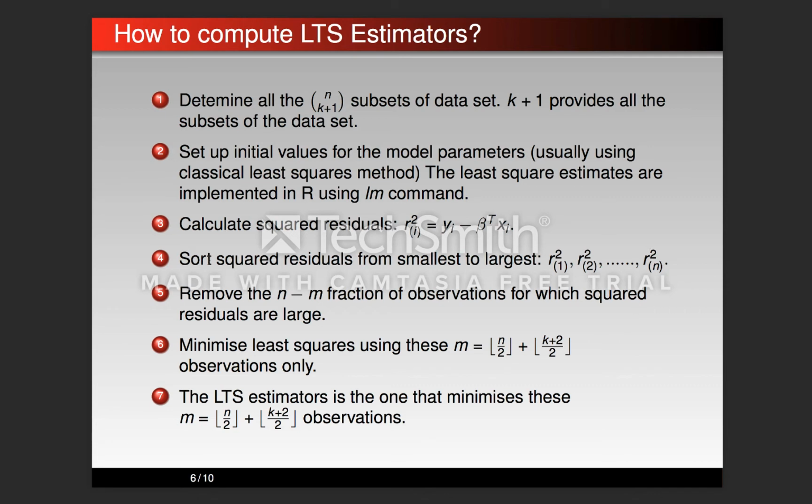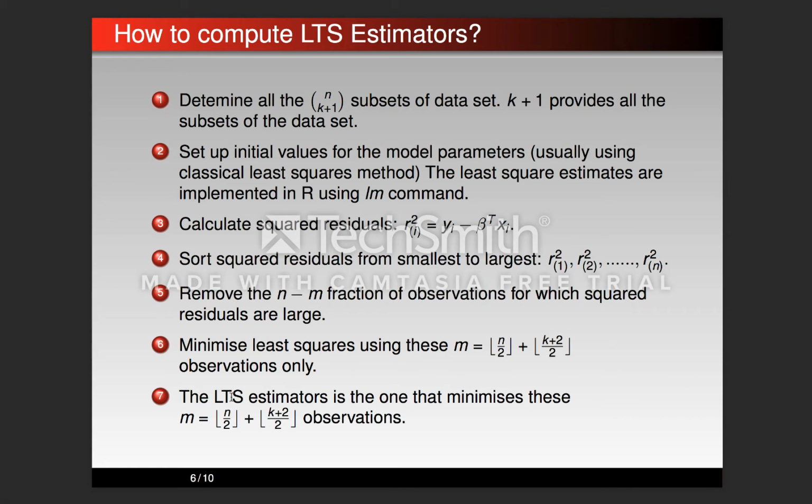And then the next step is to remove the n minus m fraction of observations of which the squared residuals are large. In this way, we are eliminating the largest half of the squared residuals from the data. And then, using only the 50% smallest half of the squared residuals, we minimize by using the least square method.